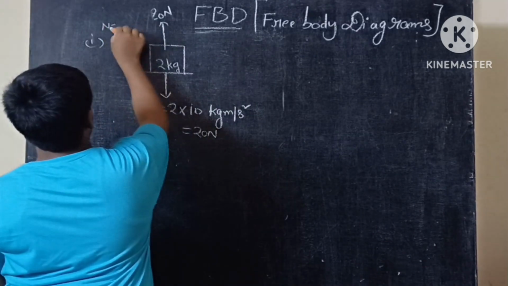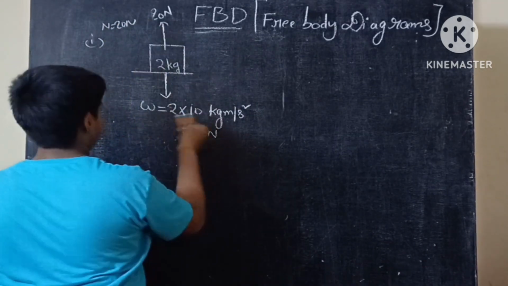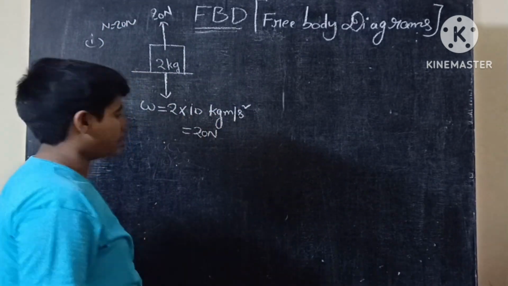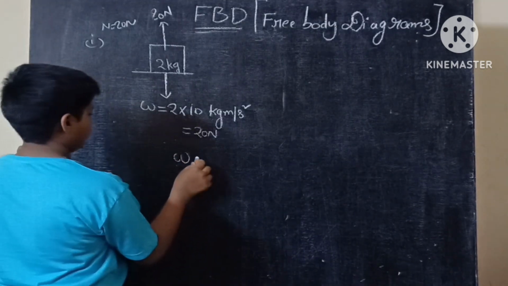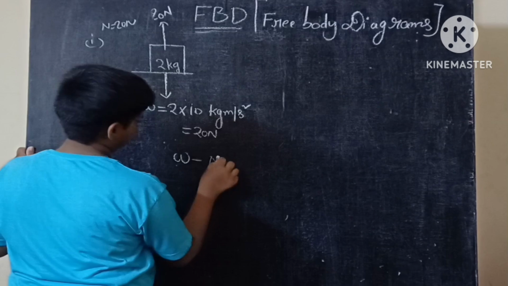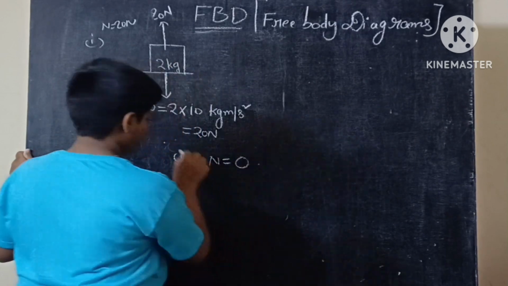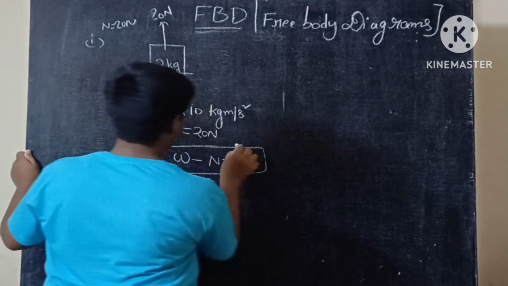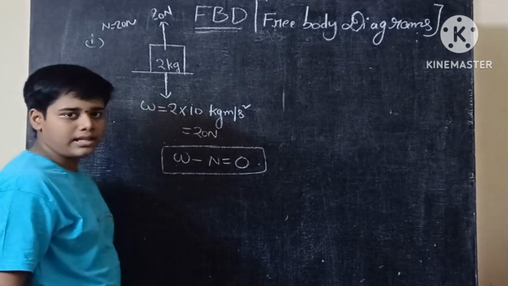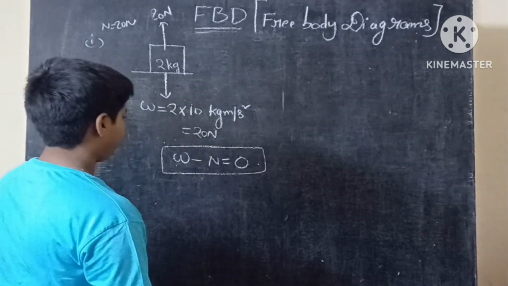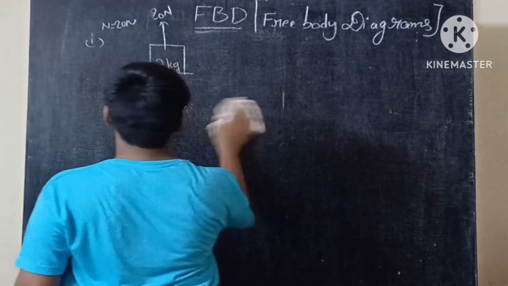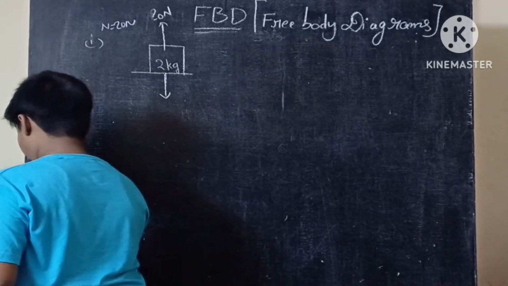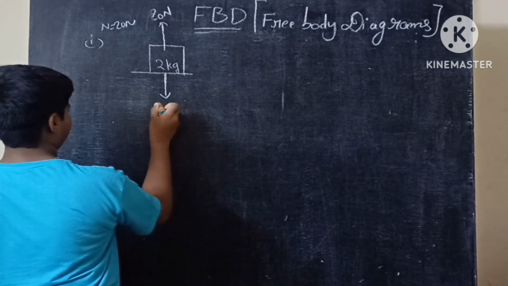Here normal is equal to 20 newtons and weight is also 20 newtons, so W minus N equals 0. This is the main FBD equation for this body.